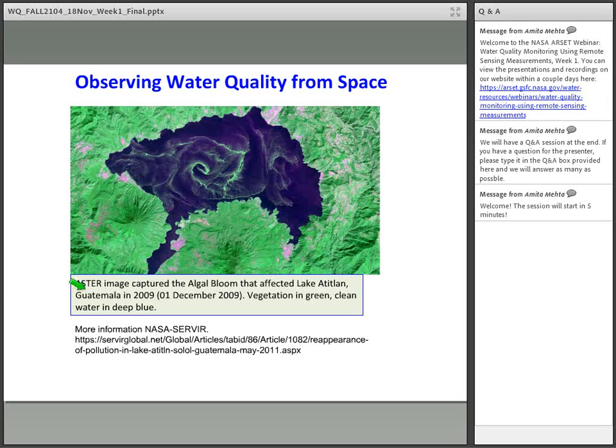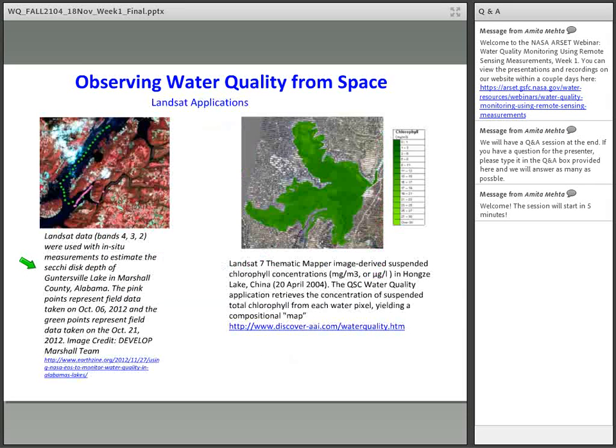This is also an ASTER image. This was 2009. It's a major algal bloom in Lake Atitlan, and these green regions show where the algal bloom was occurring. And again, blue is just the deep water shown here. So some of these sensors are very effectively used for looking especially at algal bloom or turbidity or suspended matter.